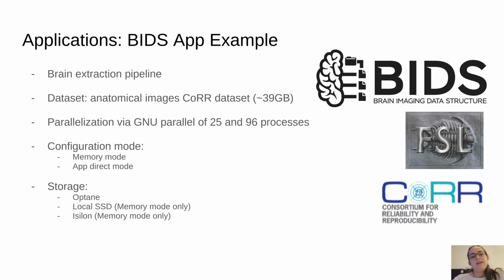We parallelized this application using GNU Parallel with 25 and 96 processes on both configuration modes, and on Optane, SSD, and Lustre, where the SSD and Lustre were only benchmarked with memory mode and not with app direct.